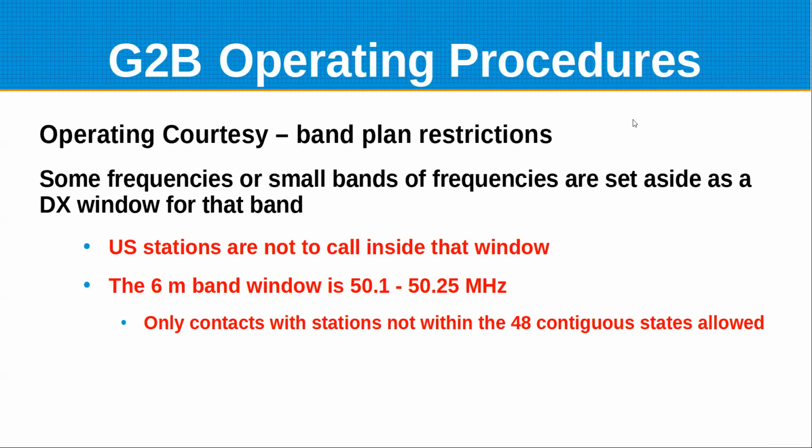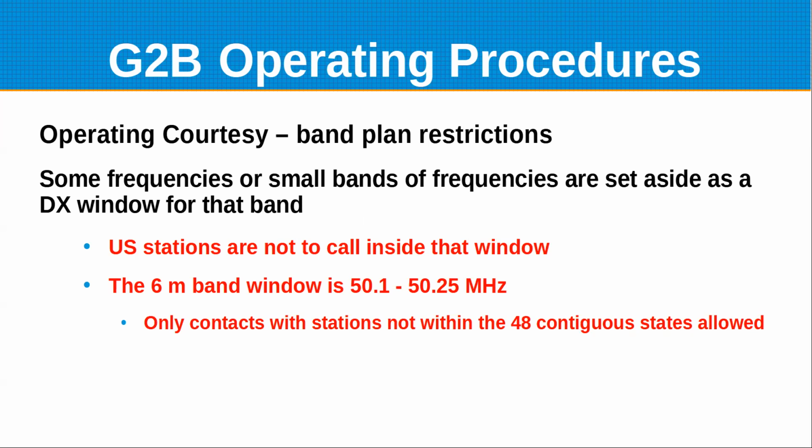Band plan restrictions. There are some frequencies or small segments of bands that are set aside as a DX window, and I did not know this. And there's QRP places. No one knows where they are except the QRP operators. US stations are not supposed to call inside that window.